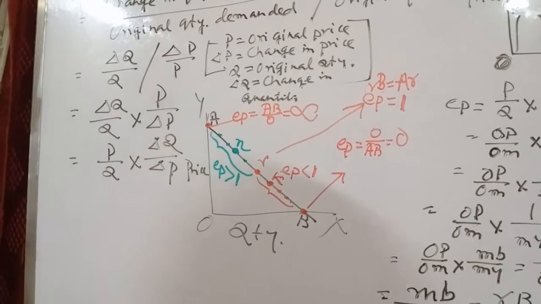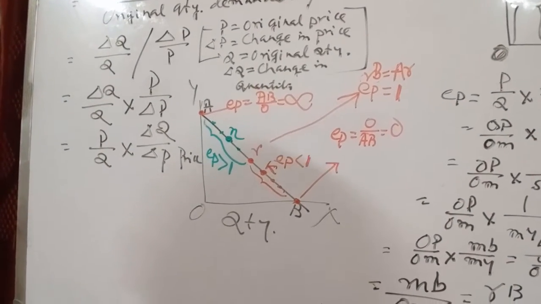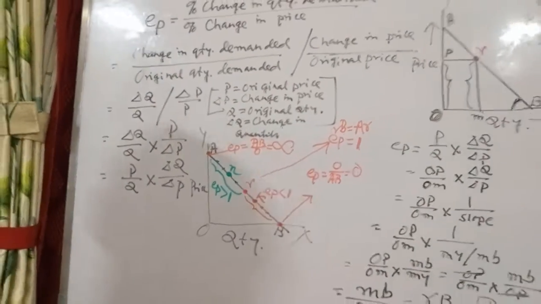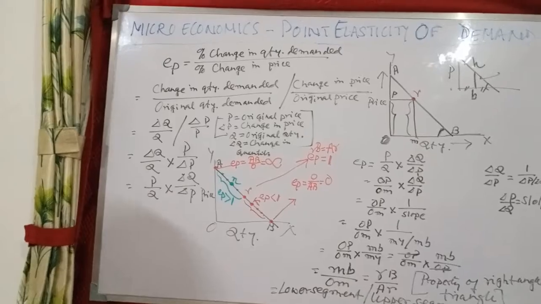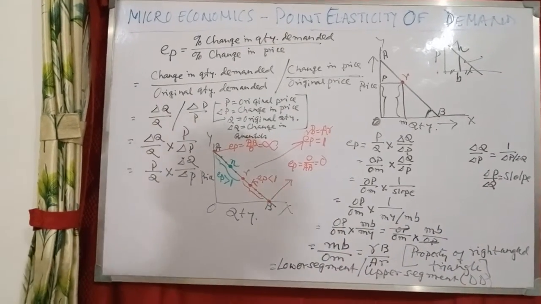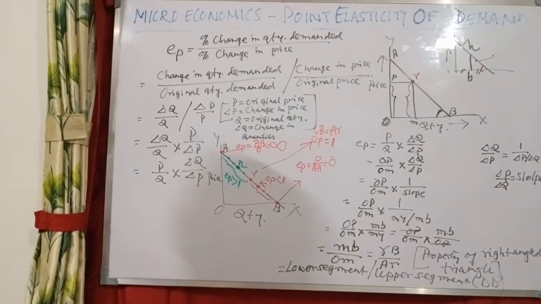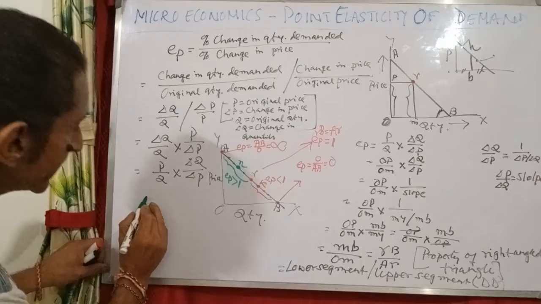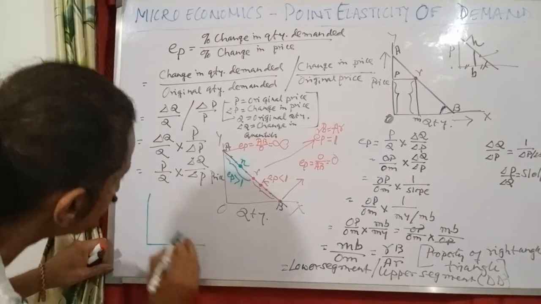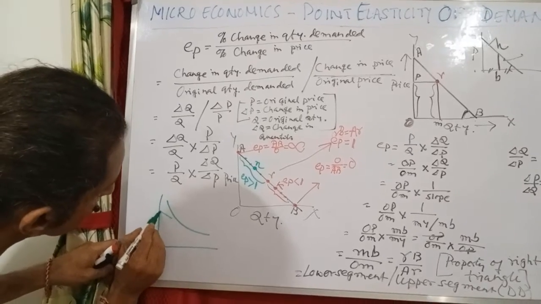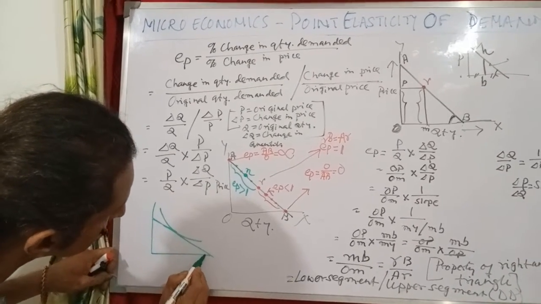So here we have learned how we can calculate the point elasticity of demand, that is the price elasticity at any point on the demand curve. Here we have taken a linear demand curve, but it can be non-linear too, like this, and we can do the same thing.